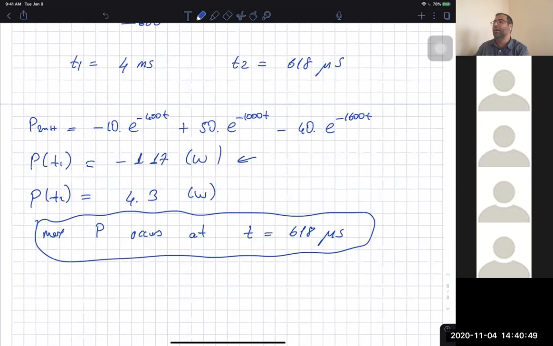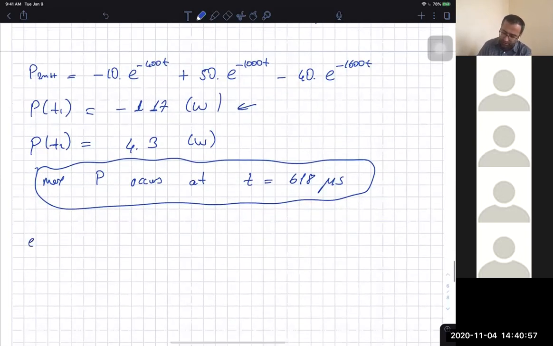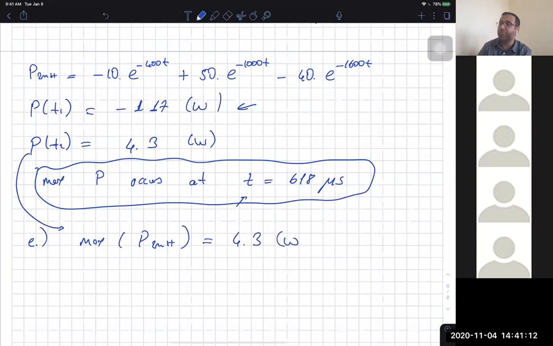It says, what is the maximum power on the inductor? Which we already calculated. We know the maximum power occurs at this time instant, and the maximum will be 4.3 watts, right? Okay, that is already done.